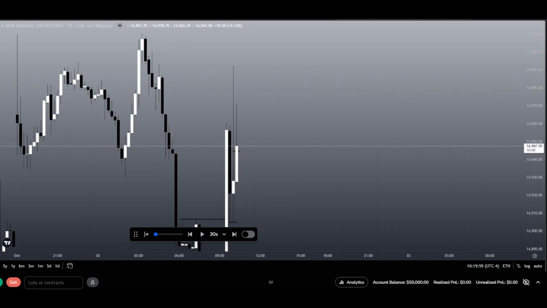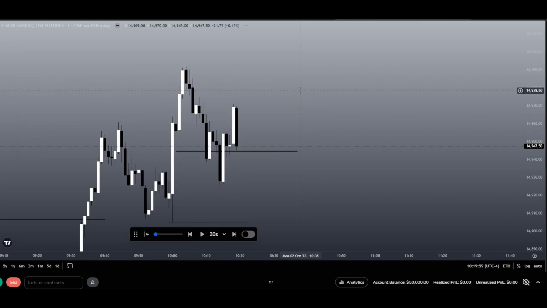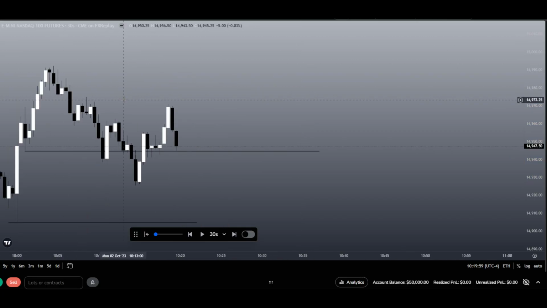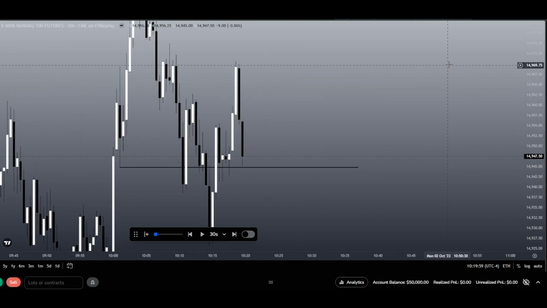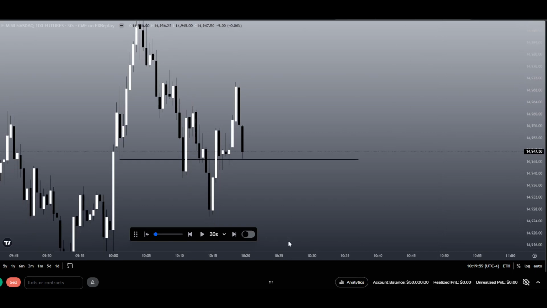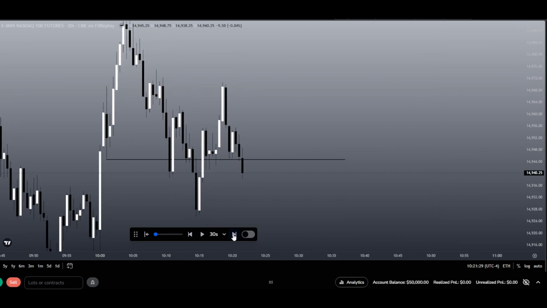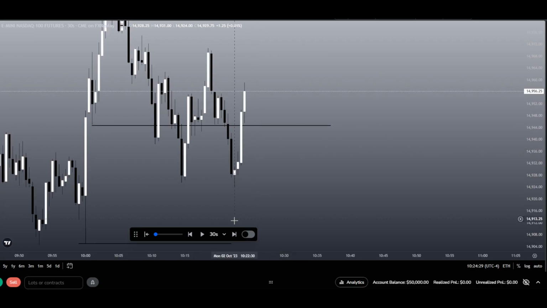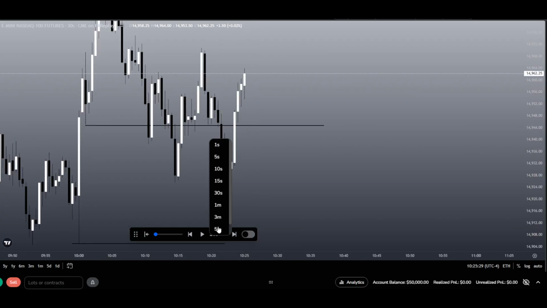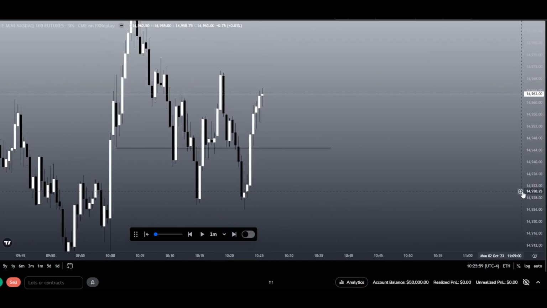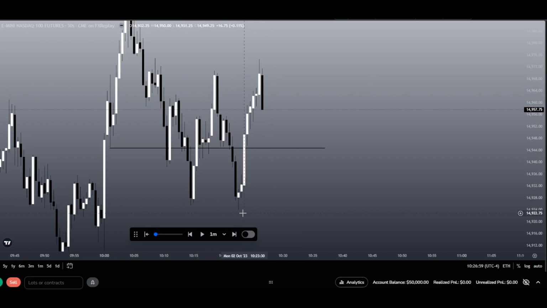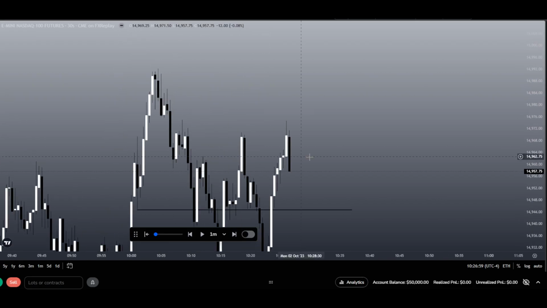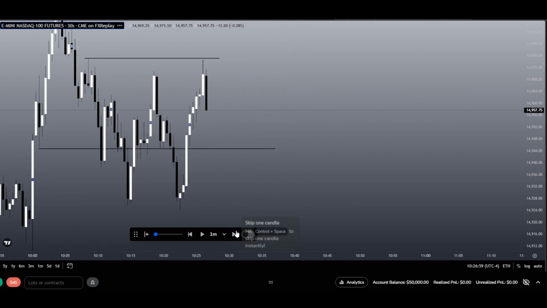It's like a 15-minute rejection block. This probably works, but I'm gonna fade it just because it's against the model. Okay, it would have been a break even. Maybe, I mean, I guess you scaled that low. Okay, we didn't take out this high. That's unfortunate.